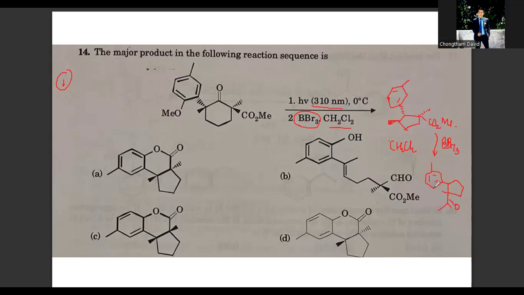So here the methoxy group is present initially, so we now have the cyclization process in the next step. So eventually, if cyclization proceeds, the product would be A. So in this way you can easily answer this question.